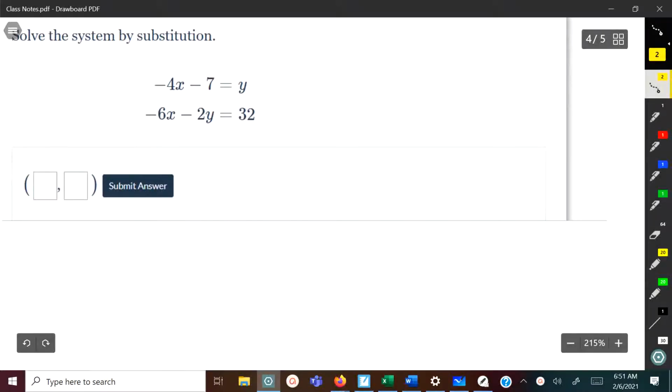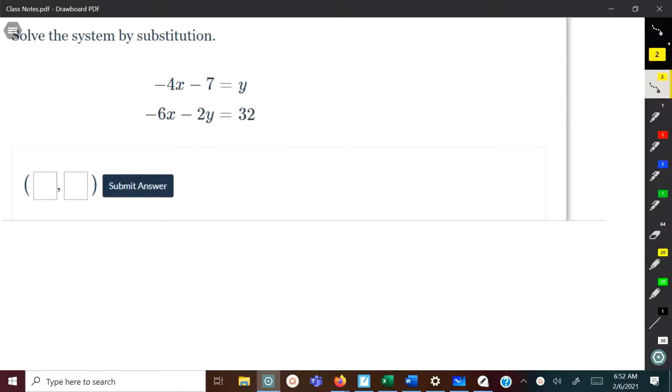Alright, so I already have an expression here, this binomial, 4x minus 7, and it's equal to y. So what I'm going to do is take this expression and substitute it in for y. Once I do that, the whole equation will only have one variable, and I can solve it like a regular equation.